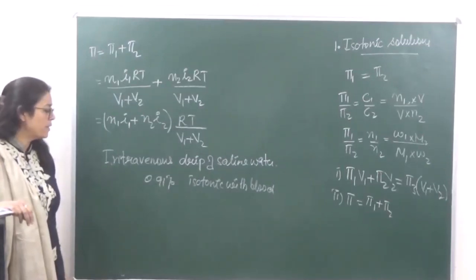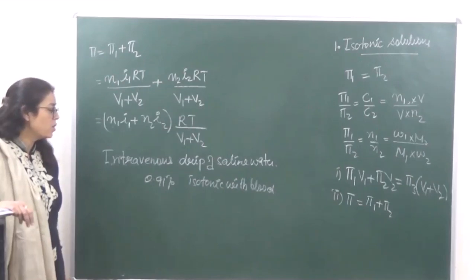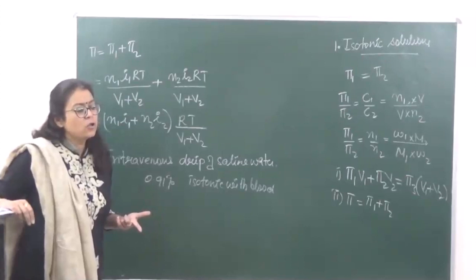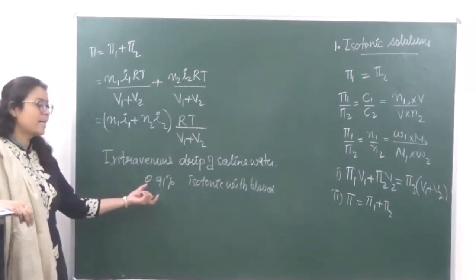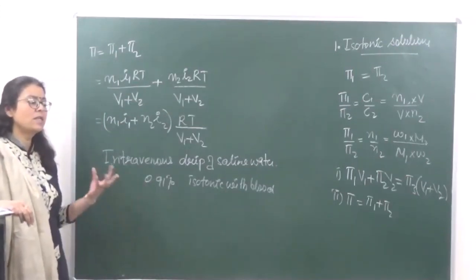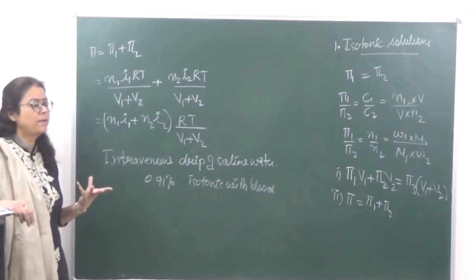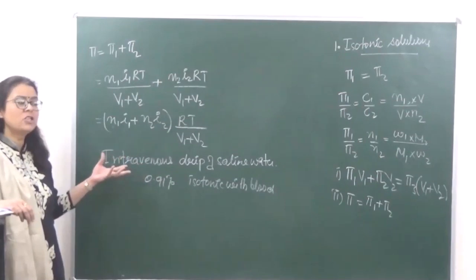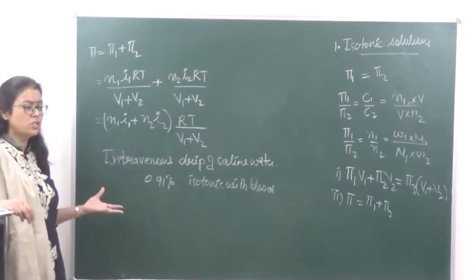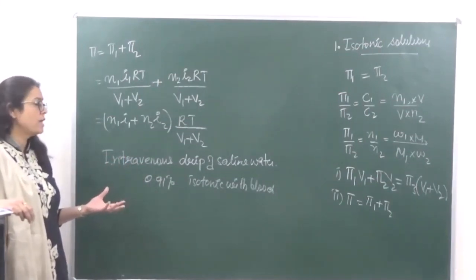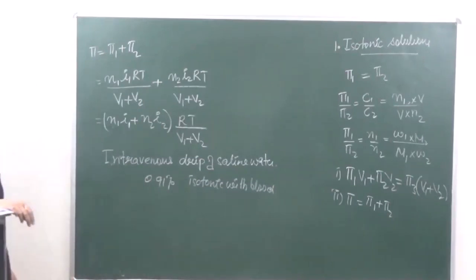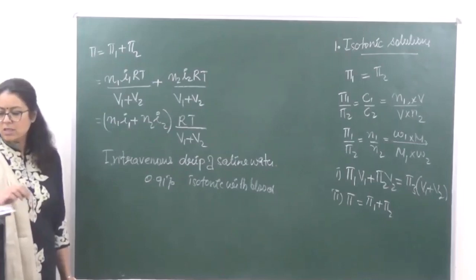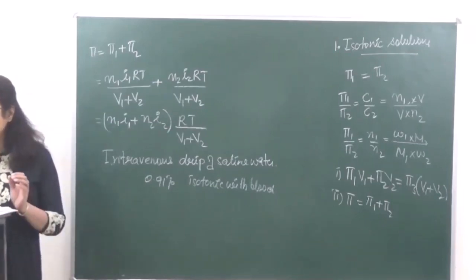So what will happen over here? In this case, because 0.91% solution of NaCl is isotonic with the blood, so by injecting this, the blood cells will neither shrink nor swell up. Okay, so this is what is generally used to give intravenous injections, saline water is generally used, so as to compensate the process of osmosis. Clear? Okay, so this is all about osmosis.